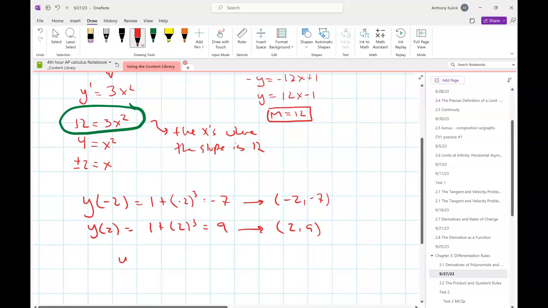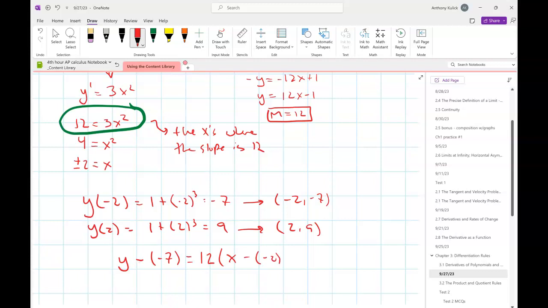So now I just have to write the equation for my lines. So y minus y1 equals m times x minus x1. And then my second equation, y minus y1 equals m times x minus x1. And again, you could rearrange those so they're in slope-intercept or whatever, but you're done at that point.